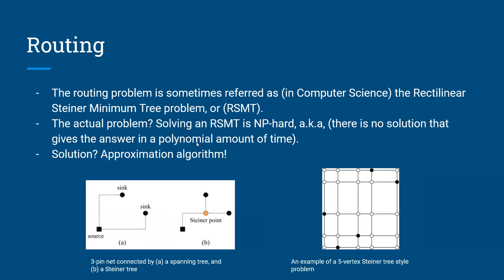AKA, it's pretty much impossible to find an exact solution in a reasonable amount of time. So what people have done over the years is develop lots and lots of approximation and heuristic algorithms.